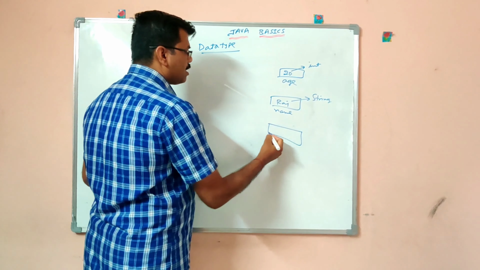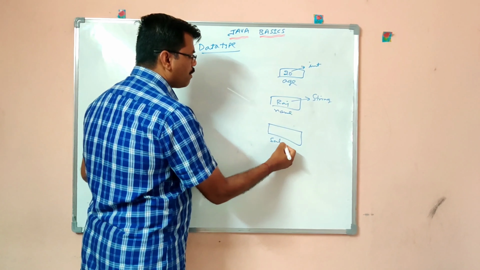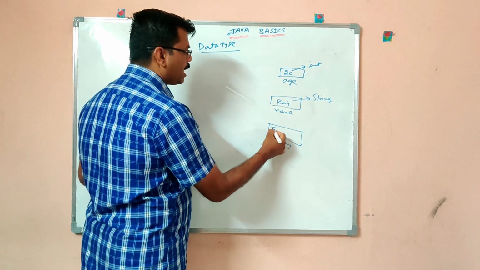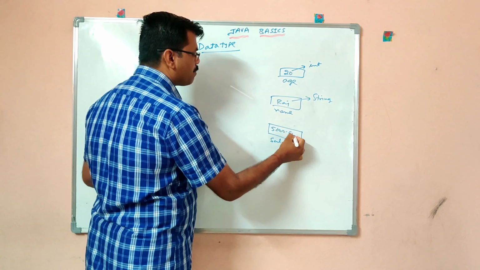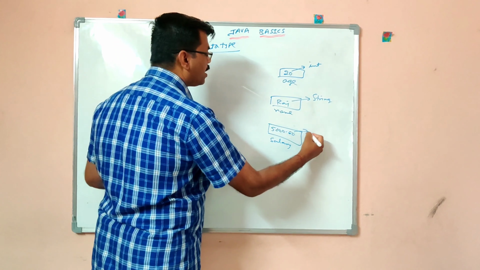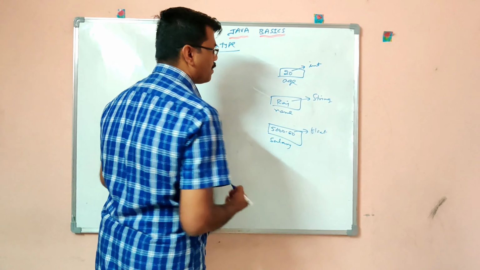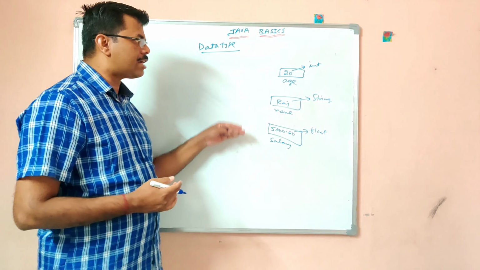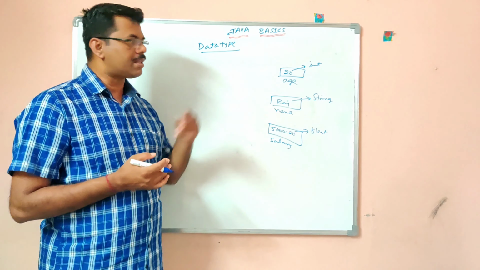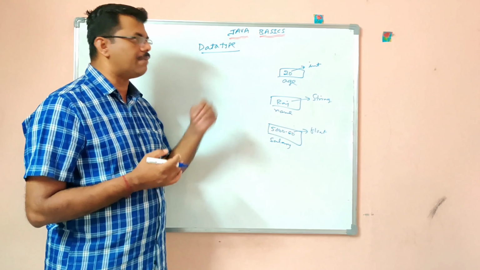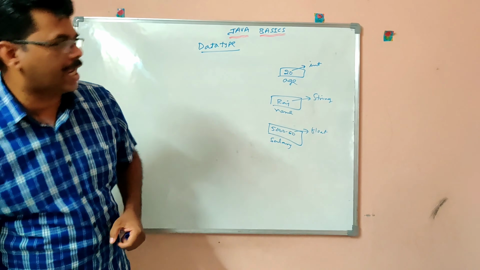We can go with one more memory space like salary, where you can store a value with some decimal point. When you store a value with a decimal point, we call it as float type. So the type of data you are storing in the memory space, or in the variable, that is the meaning of data type.